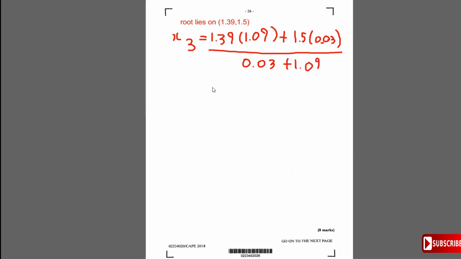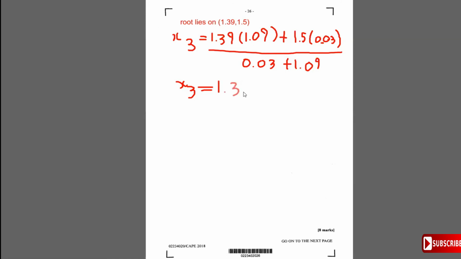So for the third approximation of the root, put that in a calculator: 1.39 times 1.09 plus 1.5 times 0.03 divided by 1.12, you get 1.39. So I'm getting 1.39 again.